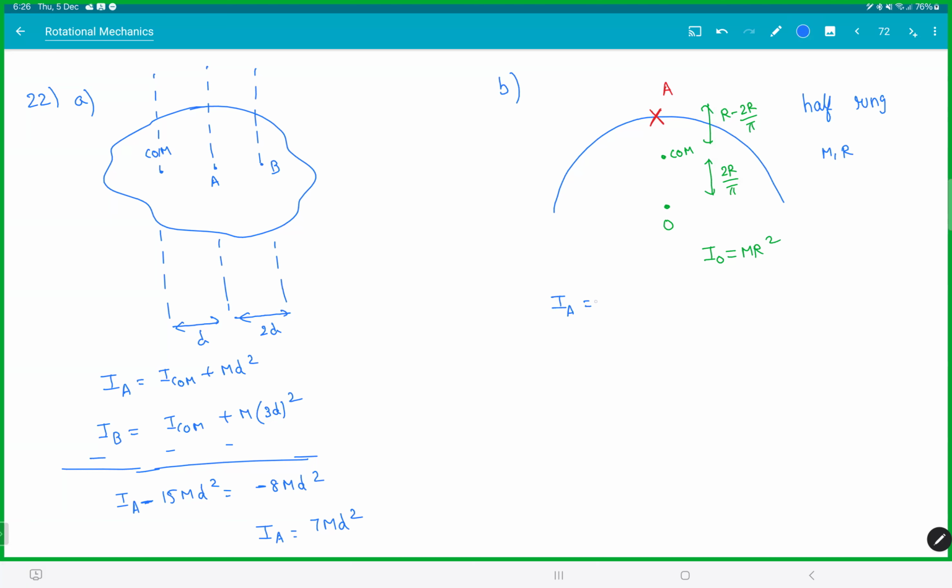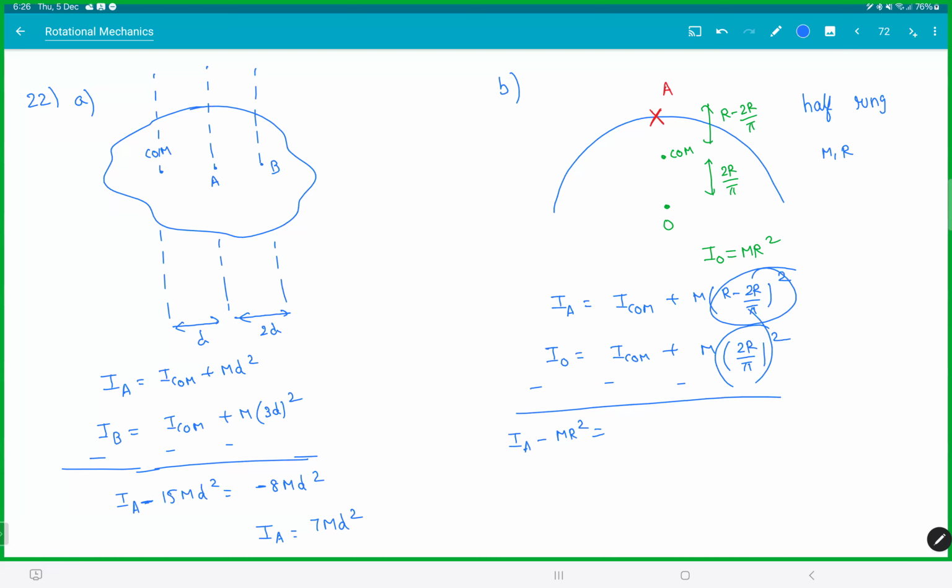So moment of inertia about A is I center of mass plus M into R minus 2R by pi whole square. I about O is again I center of mass plus M into 2R by pi whole square. I don't want I center of mass, I'll subtract it. This is IA minus MR square. This thing can be written as A square minus B square.